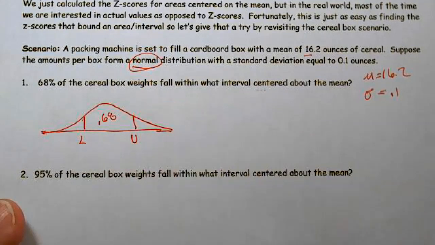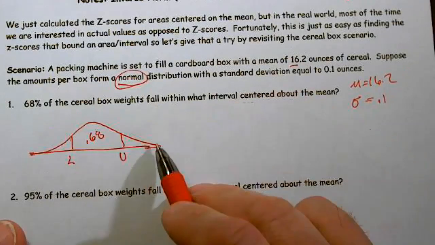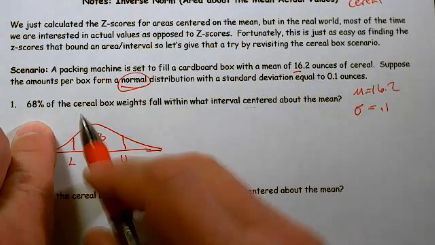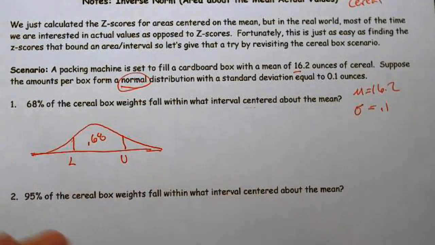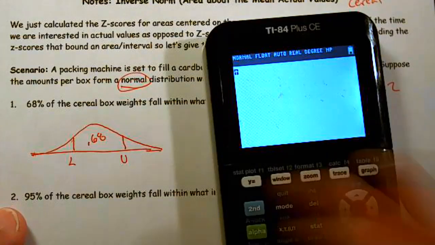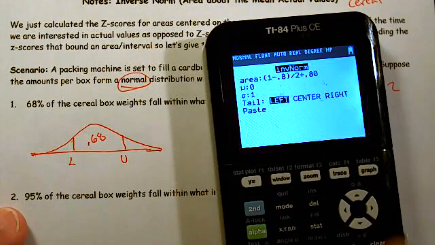That's what we're looking for, those two values. So second vars, inverse norm. And we know we're using an inverse norm because they gave us a percent. They give you an area, use inverse norm. So second vars, inverse norm, and parenthesis, 1 minus the 0.68 divided by 2.